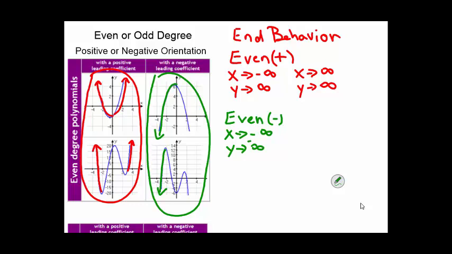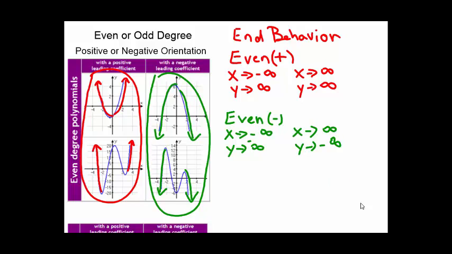So if we look at the other side of it, well, as x is going to positive infinity, y is still going down, so negative infinity. So we'd say as x goes to positive infinity, y goes to negative infinity. So that would be the end behavior of any even degree polynomial that has a negative leading coefficient.